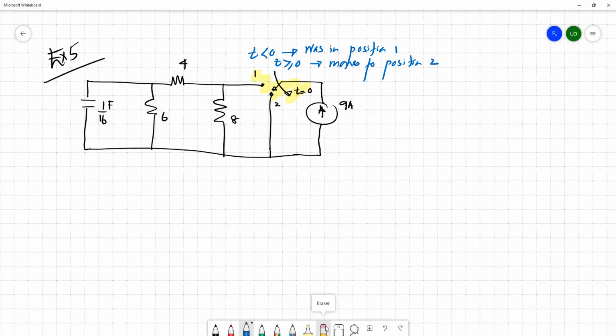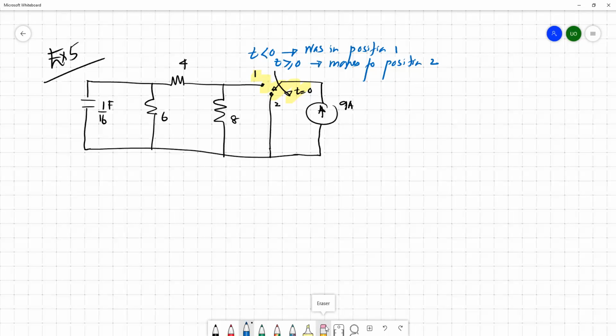So if you are analyzing the circuit when t less than 0, you have to be mindful that the switch was in position 1. At position 1, this 9 ampere source is connected to the rest of the circuit. Once you move the switch to position 2, the rest of the circuit is isolated from the 9 ampere current source.